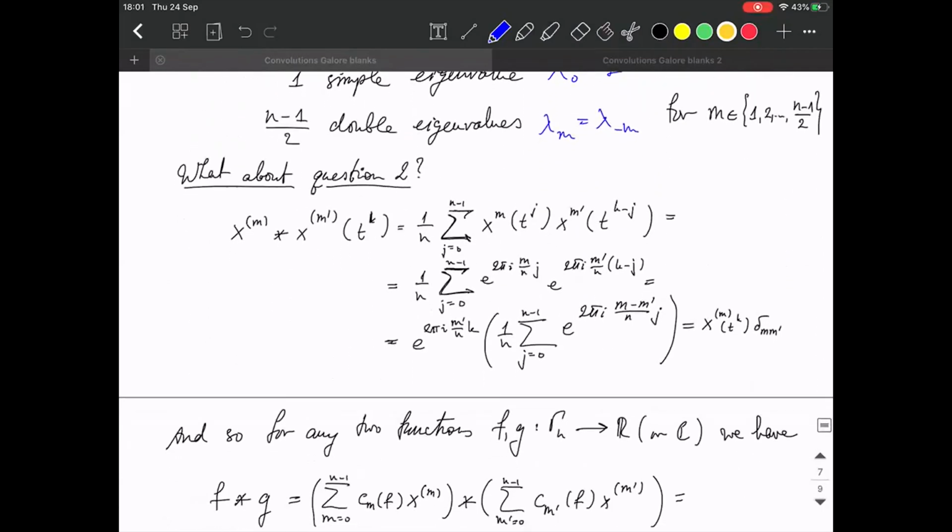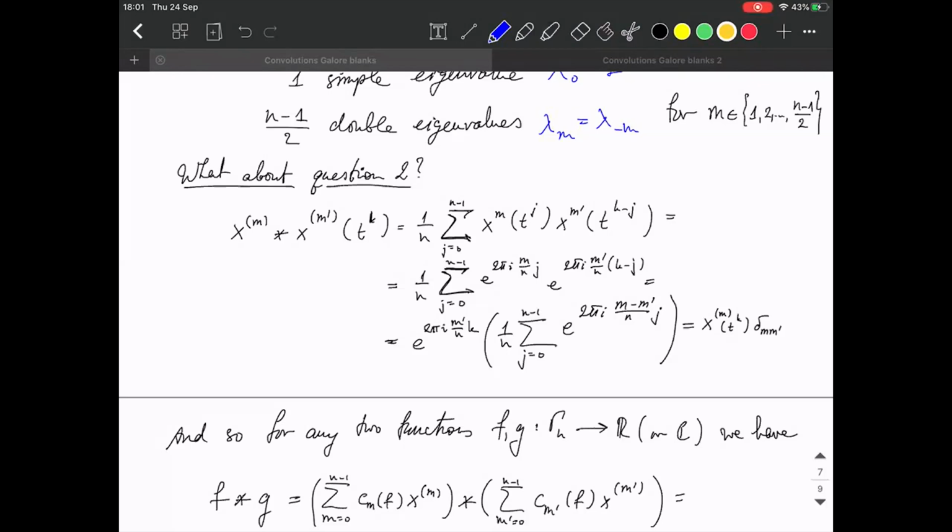So remember the questions that we asked. The second question was, how does the convolution in terms of shifts of the n-gon relate to the spectral convolution? We can happily report that for this particular basis, they indeed agree.